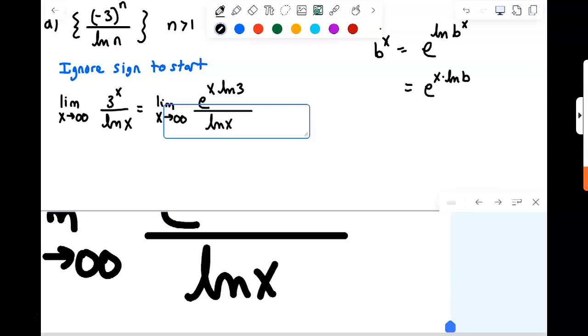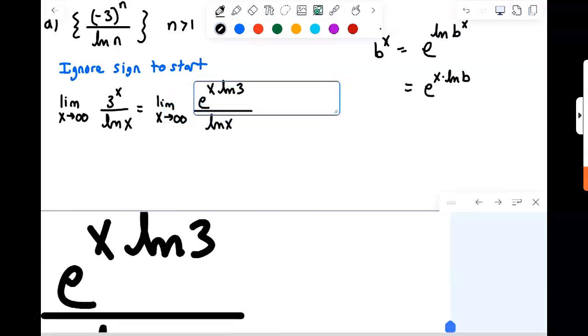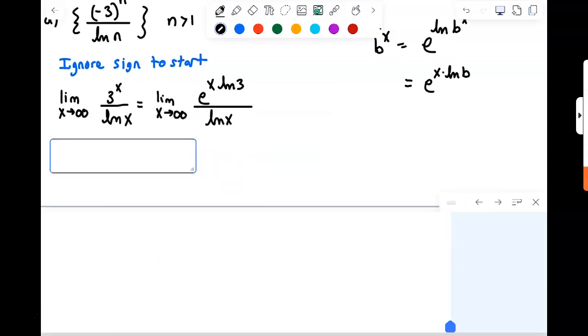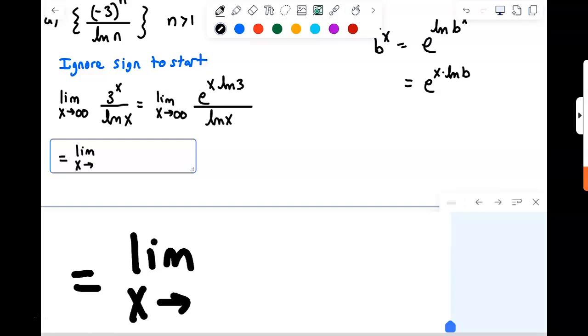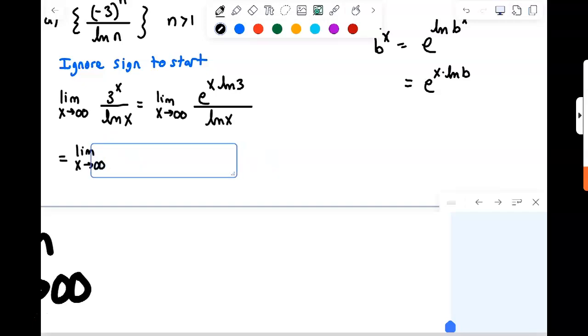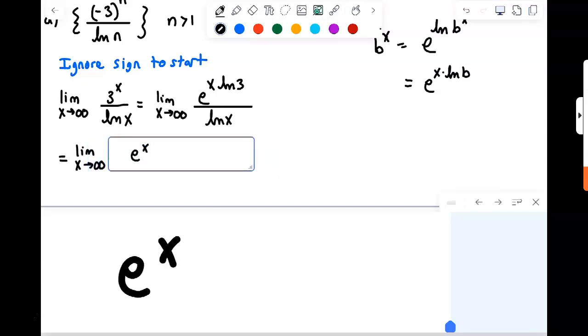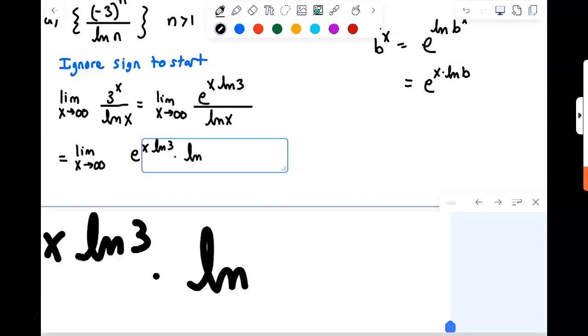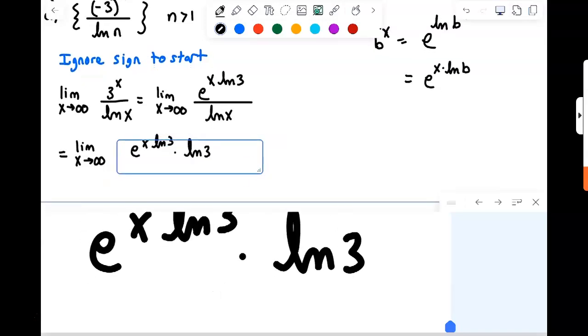Okay. So now that I have it written as an e function, I can take the derivative. So that would be limit as x goes to infinity of the derivative of that, which would be e to the x ln of 3 itself, right back to itself, times the derivative of its exponent, which would be ln of 3.